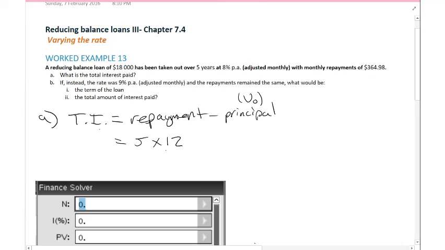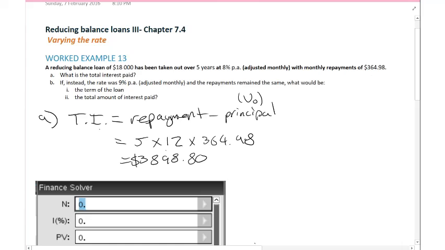So that's 60 repayments times 364.98. So that will give you $3,898.80. Okay.